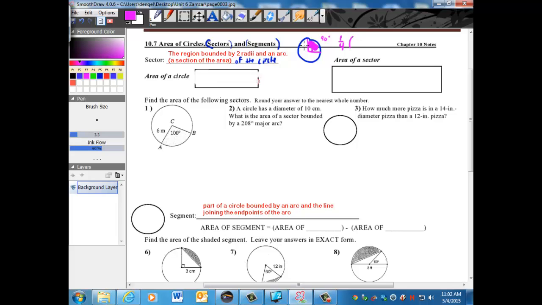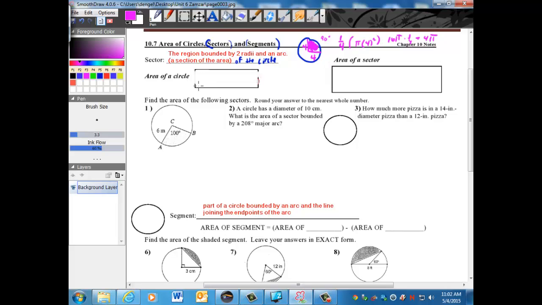And if we were told that we had a radius of 4, then we could take pi r squared, that's how we find the area of a circle, and we would get 16 pi times 1/4, and we would get 4 pi. And so the area of this sector would be 4 pi.